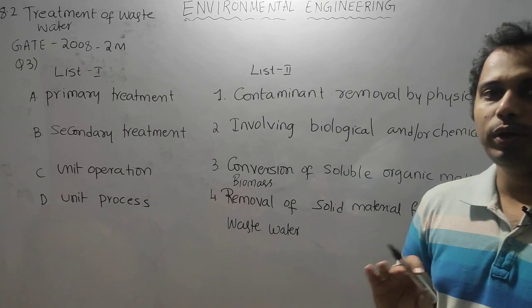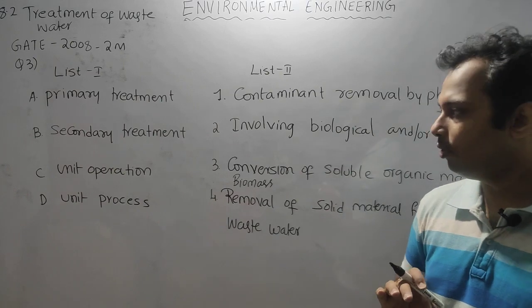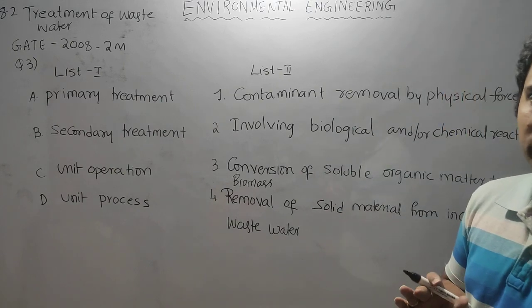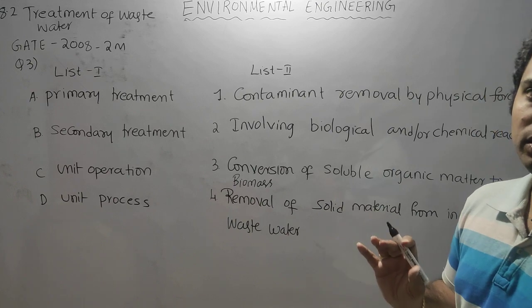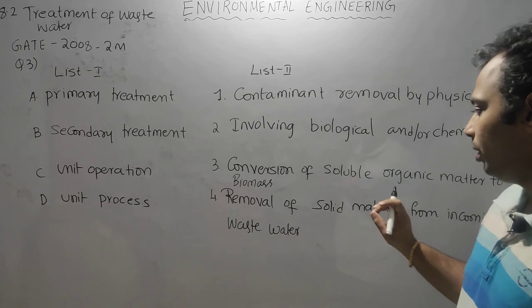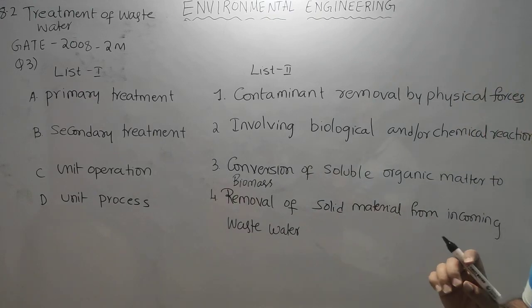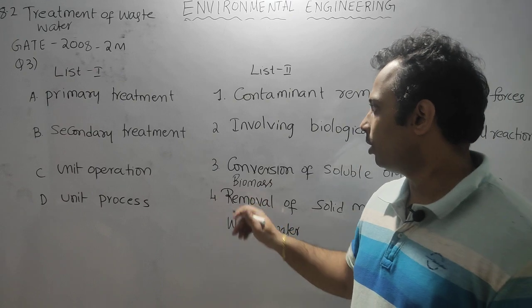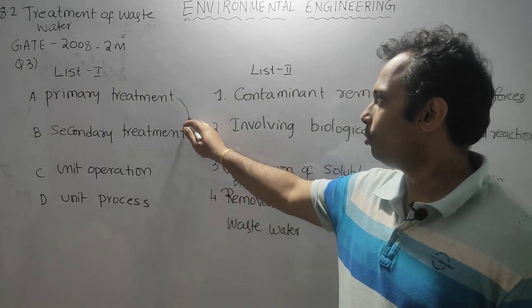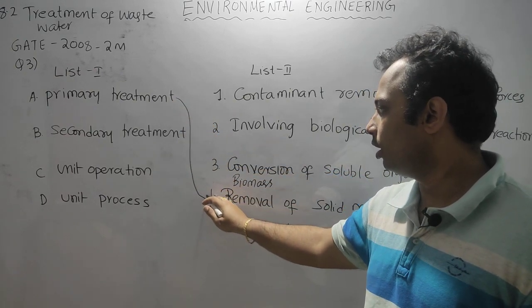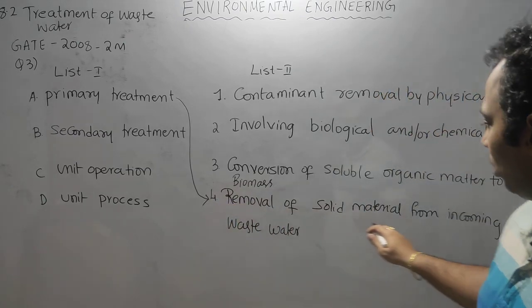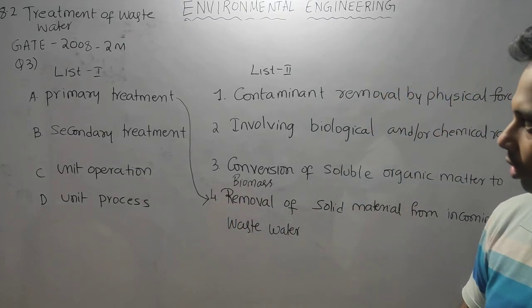There we don't destroy the BOD, we only remove the BOD in the form of settlement. The solid material will settle inside the sedimentation tank, by which we can remove the BOD. So that option suits this: removal of solid material from incoming wastewater.